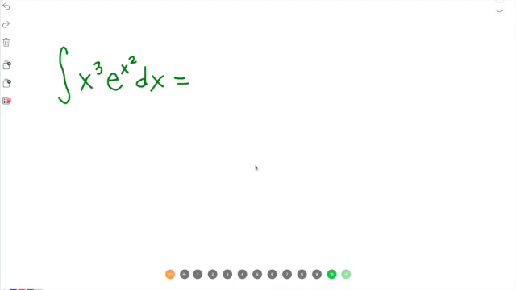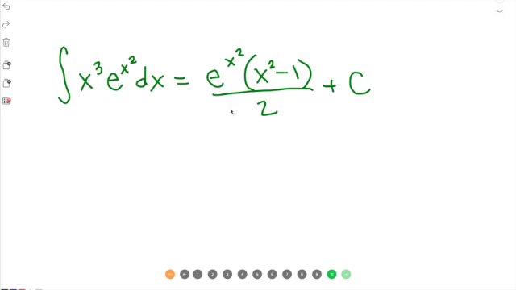Basically our answer would be e to the w, which is x squared, right? E to the x squared multiplied by w, which is x squared, minus 1, all over 2 plus c. So this is our answer.